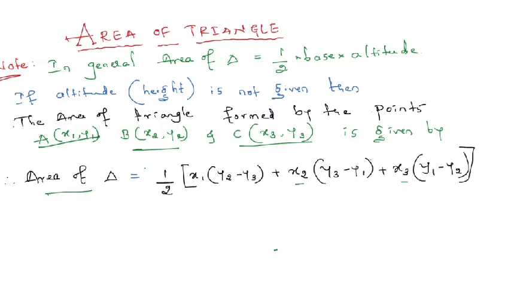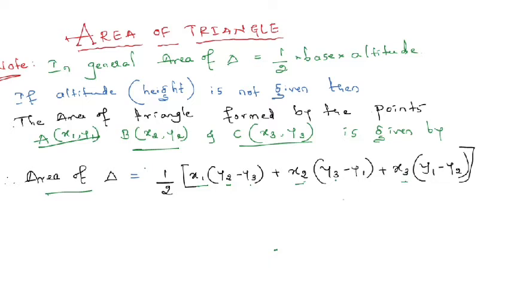Based on this formula, we can solve exercise 7.3. An easy way of remembering the formula: x1 goes with 1, 2, 3; x2 goes with 2, 3, 1; x3 goes with 3, 1, 2.